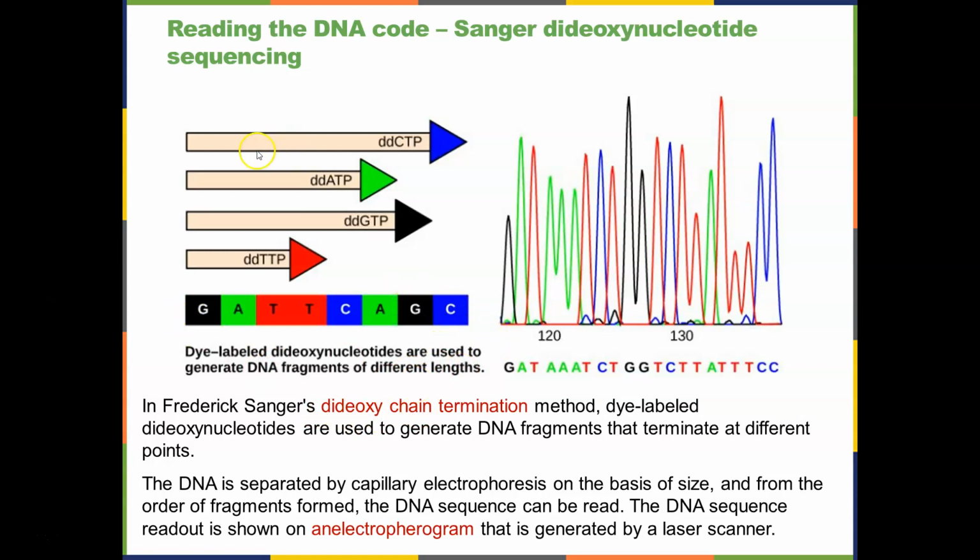And so what happens is, when you're making a copy of your DNA, it'll be so many bases long and then suddenly stop with a radioactively tagged C or a fluorescing C right here, and stops. And so position 20 is a C, and position 19 down here is a G, and position 18 here is an A. We get a whole bunch of these, and so on and so forth.